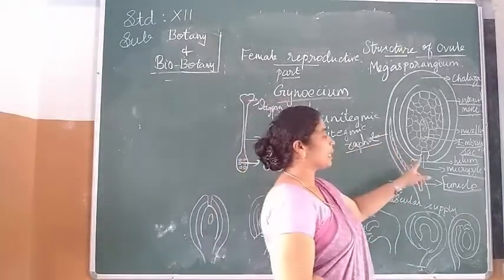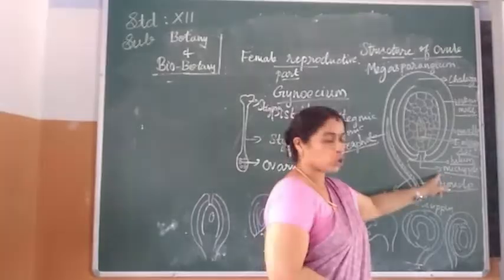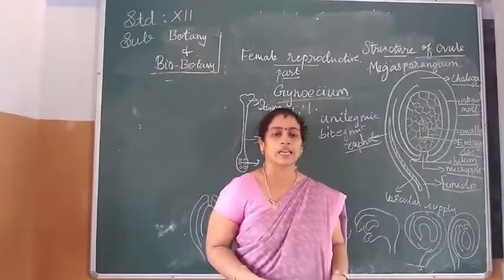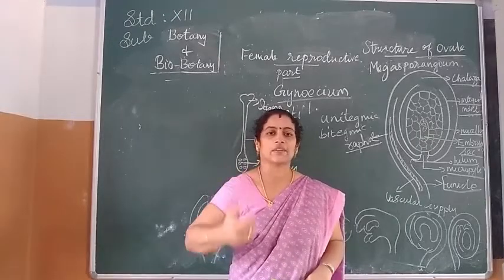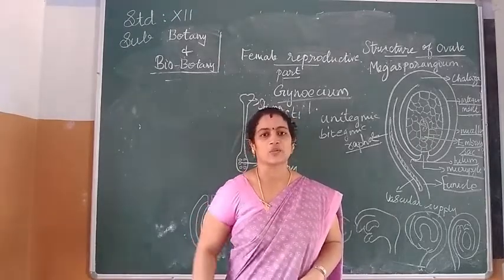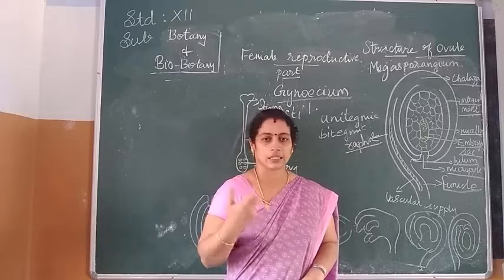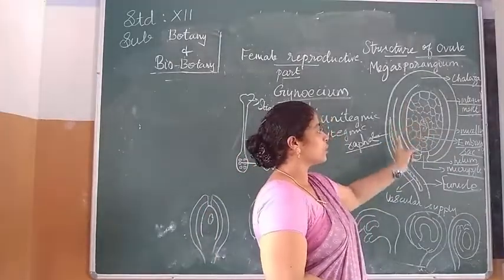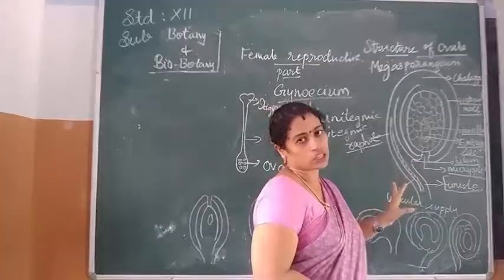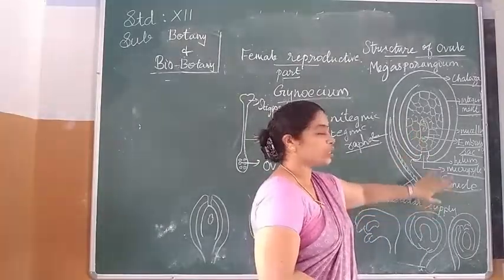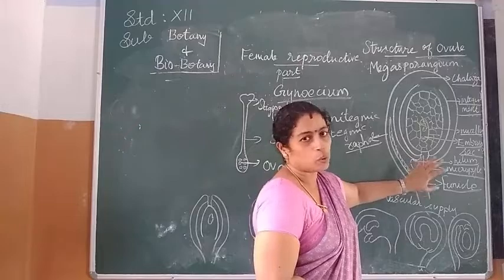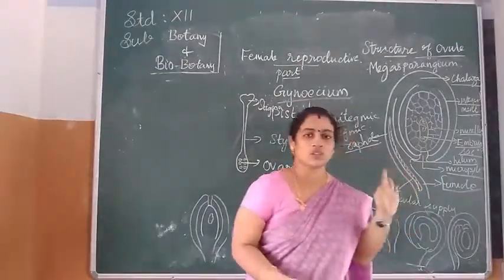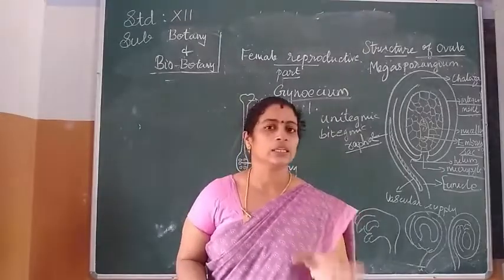Then the integument leaves a small opening known as the micropyle, which helps in the entry of air and water during germination. The place where the funicle and the nucellus meet is known as the chalaza. So this is the structure we have studied about the ovule. Have you understood?